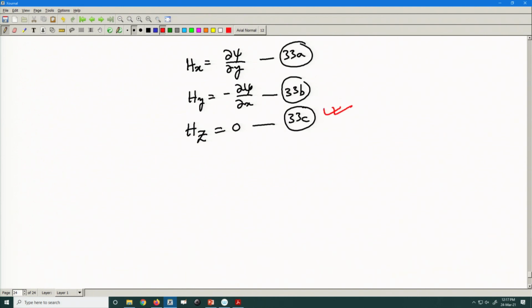Note this particularly, that the z component of H is 0.